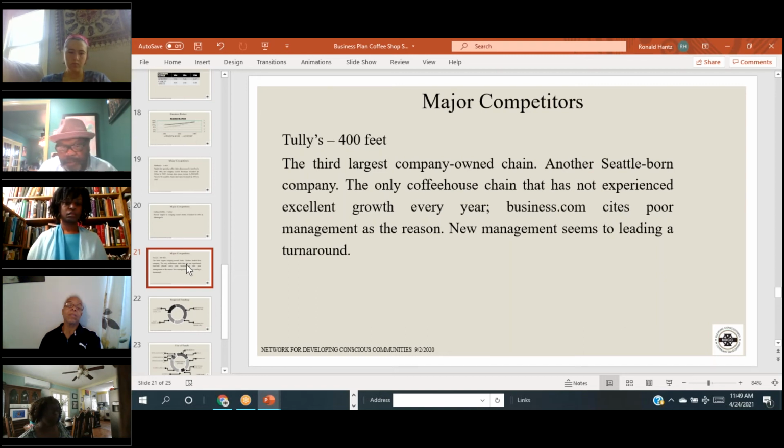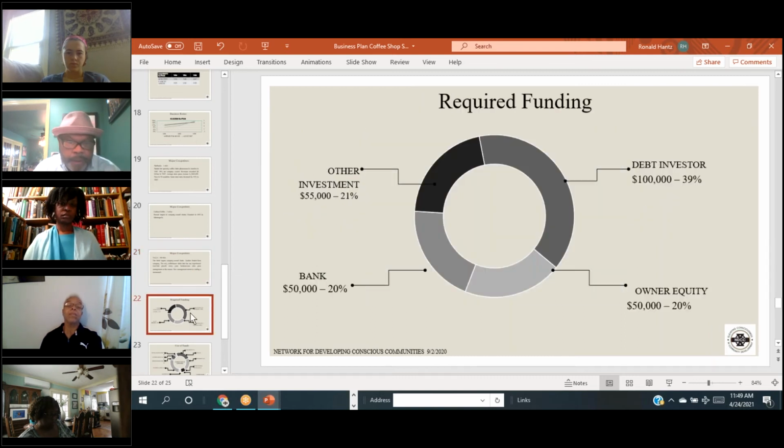And they had excellent growth every year. But of course, as the scenario said, they had poor management of their store.